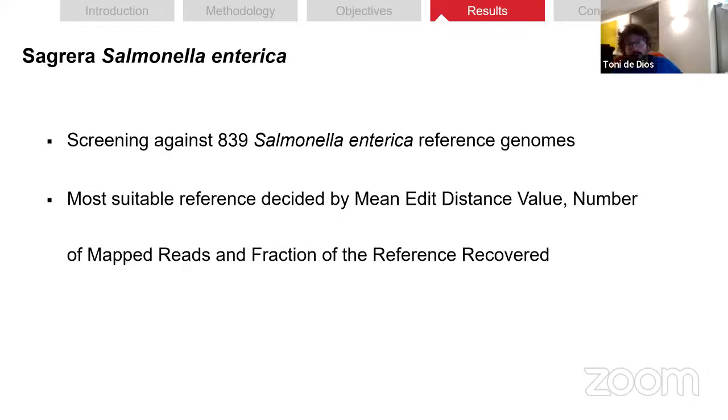Now that we know that the possible pathogen is Salmonella enterica, what we did is first try to put our sample in the context of the phylogeny of all modern Salmonella enterica strains. And also we tried to decide which was the closest strain by mapping against all possible reference genomes. We decided which was the most suitable reference genome by a set of different statistics, namely the distance and the number of mapped reads.